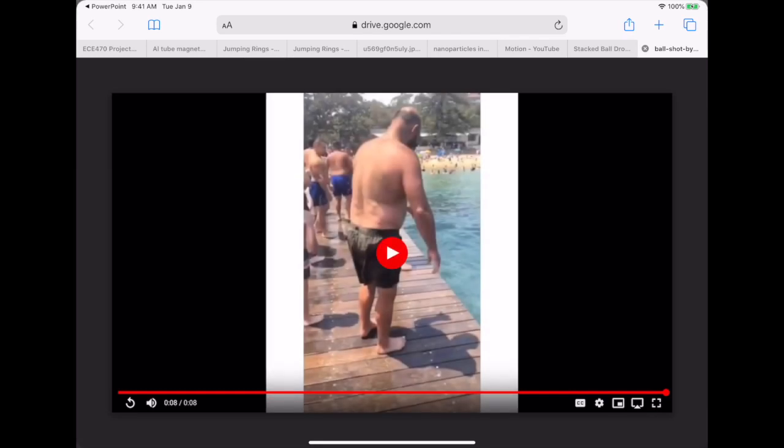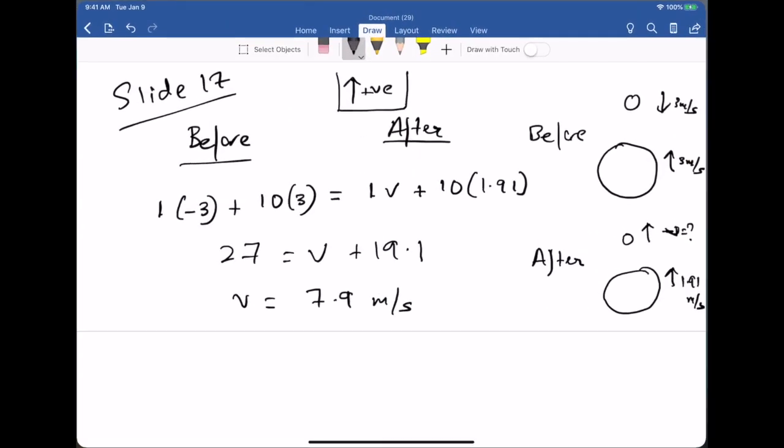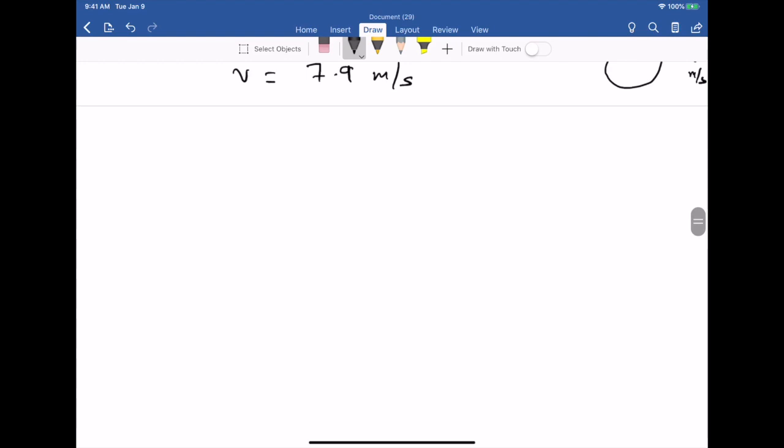Based on what we just did, can you guess what's going on over here? Why does the ball shoot up to such a tremendous height? Well, the answer has to do with the fact that the person who's doing the trick is pretty large, right? And so when the person jumps into the water, he creates a pretty large cavity inside the water, right?